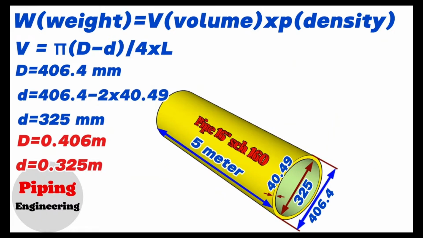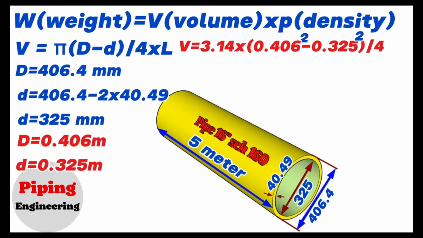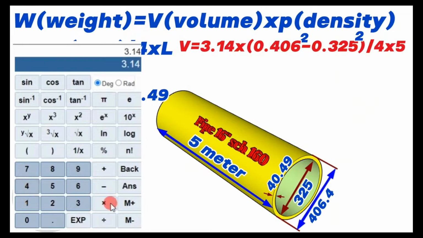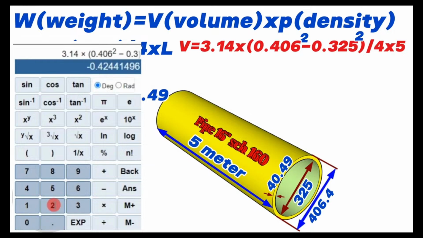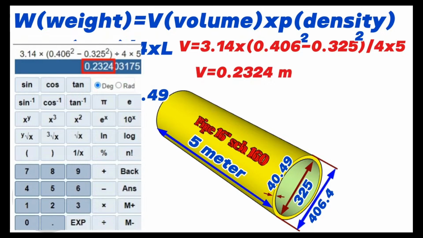Now let's write this information in the volume calculation formula. The volume of the 16-inch pipe in our example will be equal to 3.14 multiplied by, in brackets, 0.406 squared minus 0.325 squared, divided by 4, multiplied by 5 meters. Using the calculator, we find that this will be equal to 0.2324. So, the volume of the 16-inch pipe in our example will be 0.2324 cubic meters.